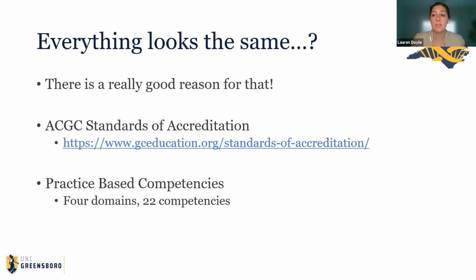The primary reason for this is that there are published national standards for the field of genetic counseling. These can also be found on the ACGC website, and they outline the topics that accredited programs must cover during their programs. Since the most recent version of the standards was revised and became effective in 2019, all programs are following the same guidelines at this point in time.